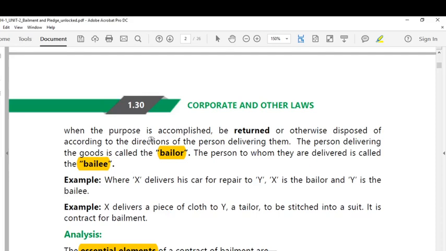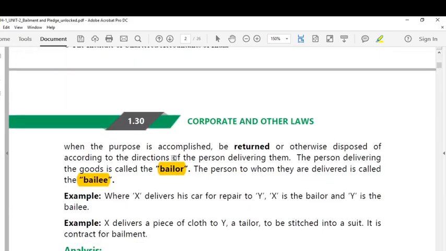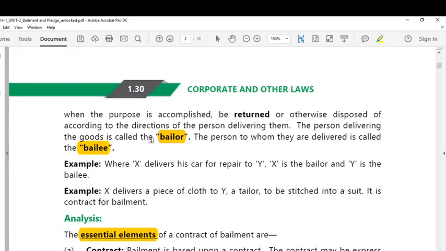The bailor is the person who is delivering the goods. And as per the directions of the bailor, the goods must be returned or disposed of by the bailee. So this is the definition as it is given under Section 148 of the Act. If you see a simple example, you will understand what is meant by a contract of bailment.